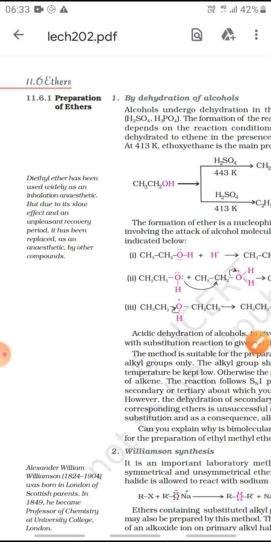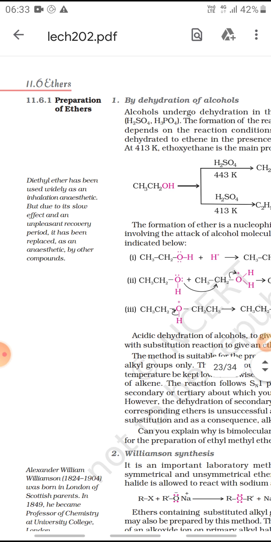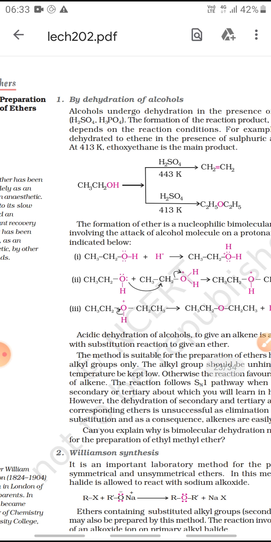Actually, ethers are the functional group which are the derivatives of alcohols. Now we have to first discuss the methods of preparation of ethers. Now children, the ether can be prepared by the dehydration of alcohol.